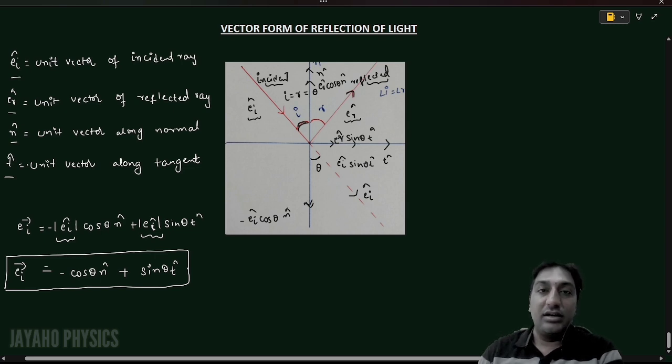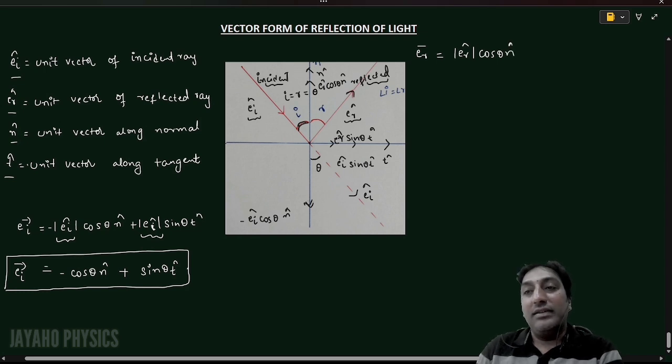If you can represent a reflected ray as a vector, so what happens? E_r bar is equal to the mod of E_r cap followed by cos theta followed by the n cap, plus the mod of E_r cap followed by sine theta followed by the t cap.